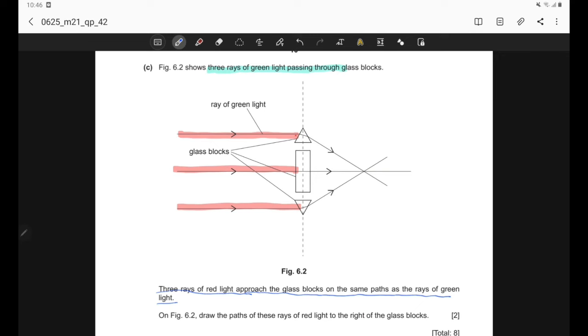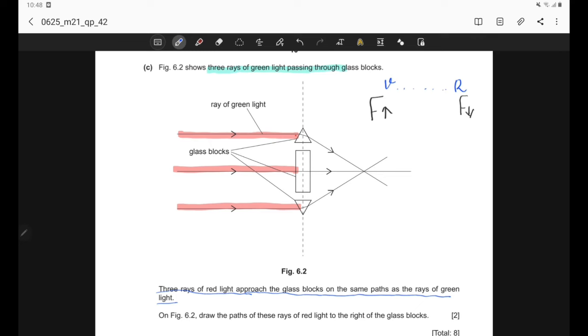So here we know that the amount of refraction of different light rays or different colors of light depends on its frequency. So when we consider the colors violet, indigo, blue, green, yellow, orange, red, violet color has the highest frequency and red color has the lowest frequency.